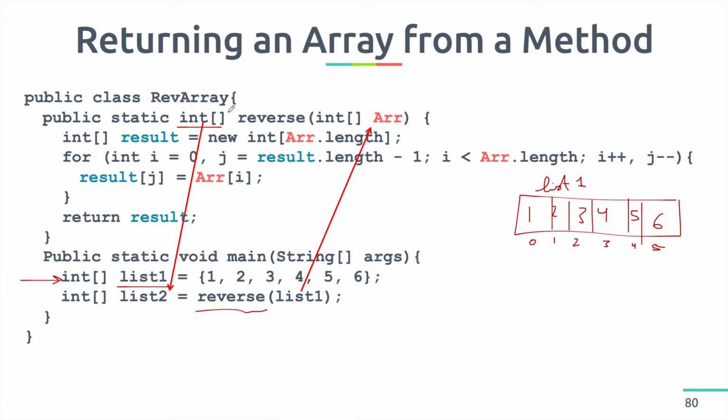So we go to the reverse method, which accepts an array as an argument, and here we created a result array which has a length exactly the same as the length of list 1.